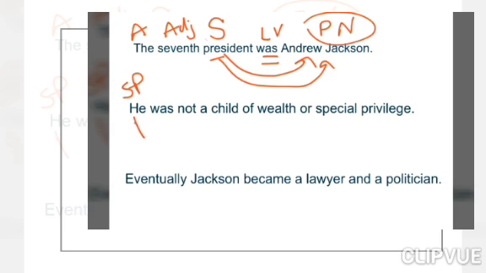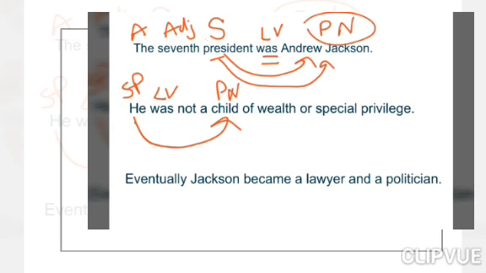Of course it is. So child renames he. And then you have the linking verb was. So we have our formula over here. He equals child. You have found your predicate nominative, you have found the linking verb, and you have the subject.